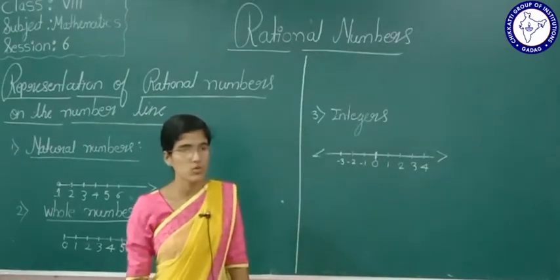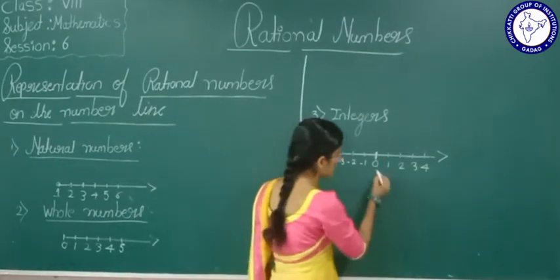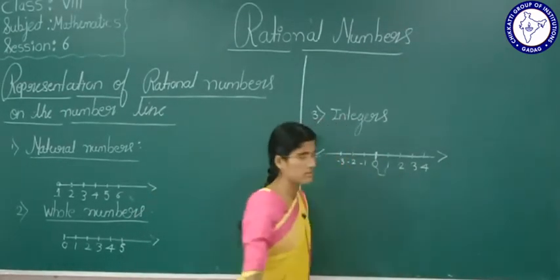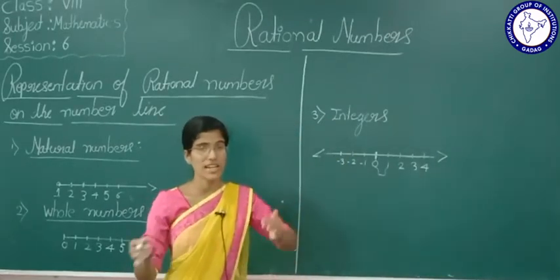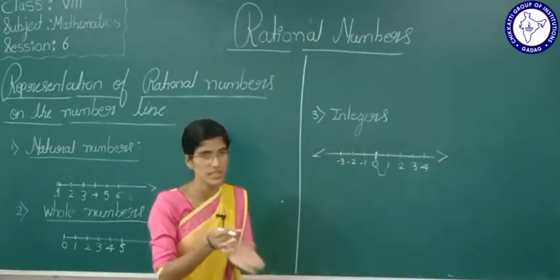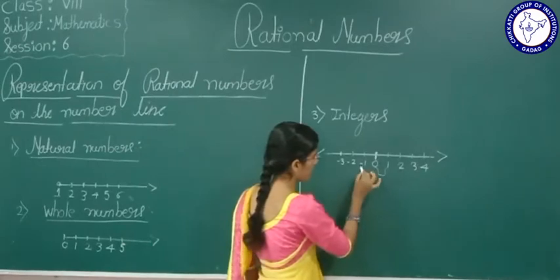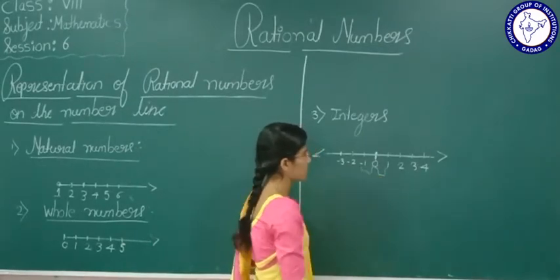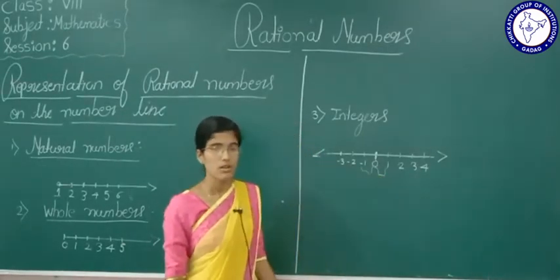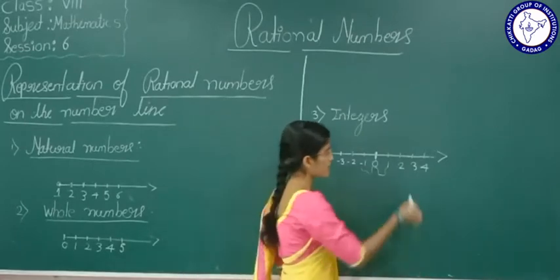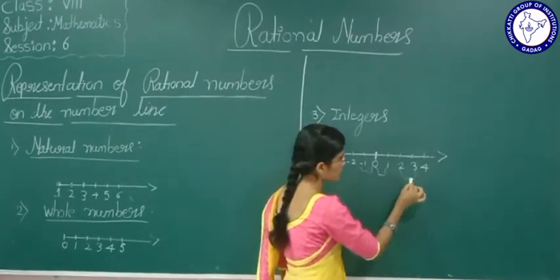Now tell me students, can we find any number between 0 and 1? No, we can't find any number between 0 and 1 in integers. Now tell me, can we find any numbers between -1 and 0? The answer is no. Can we find numbers between 2 and 3 here?